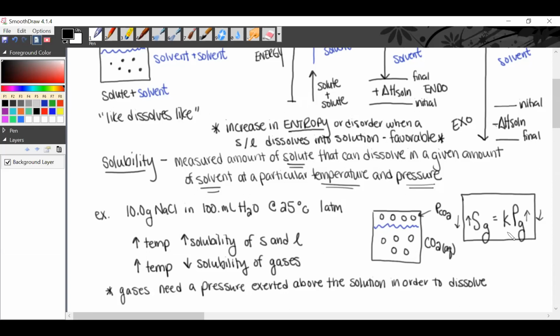Don't worry about what the constant is. You'd have to look it up for different solvents and different solutes, like which gases you're dissolving. So don't worry about that constant. We're going to just talk about this more qualitatively.